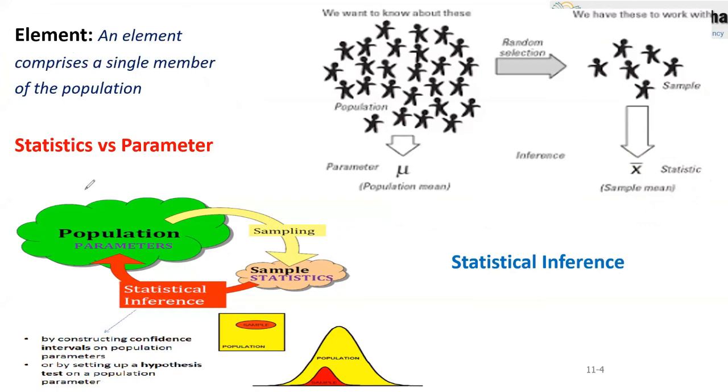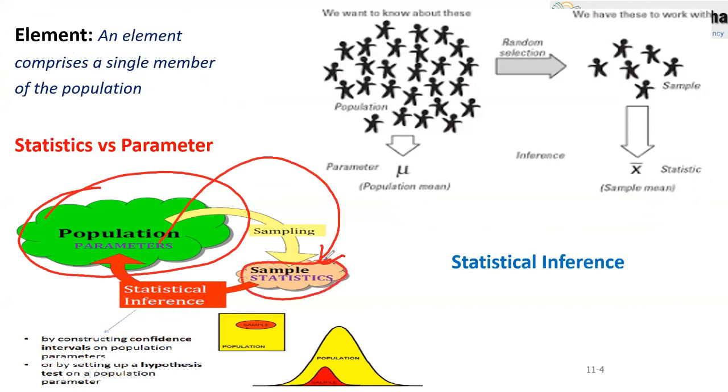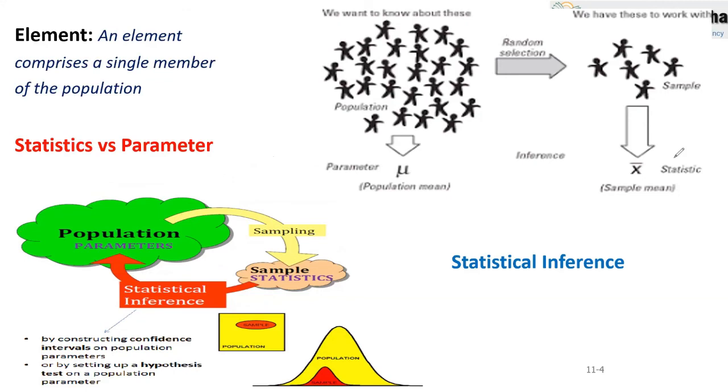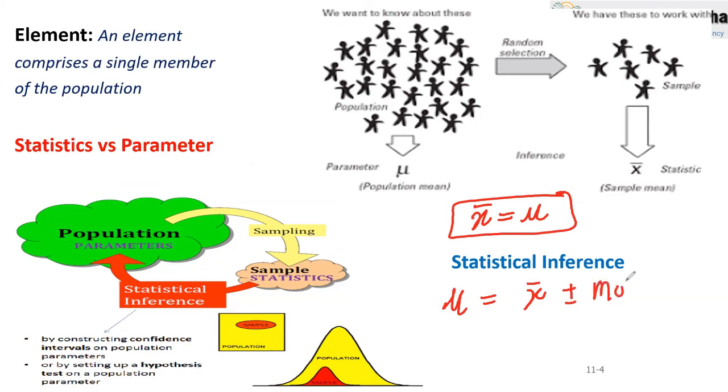So you can see that from the population, you pick a sample, you get results on the sample, and you apply the results on the population. This property is known as statistical inference. And one thing I'm also telling you: can we say this x bar is always equal to mu? In this case, we cannot say the sample mean is always equal to the population mean. Rather, we can say that the population mean is equal to the sample mean plus or minus the margin of error. This is the concept that the population mean should belong to this range: the statistic, sample mean, plus or minus the margin of error.